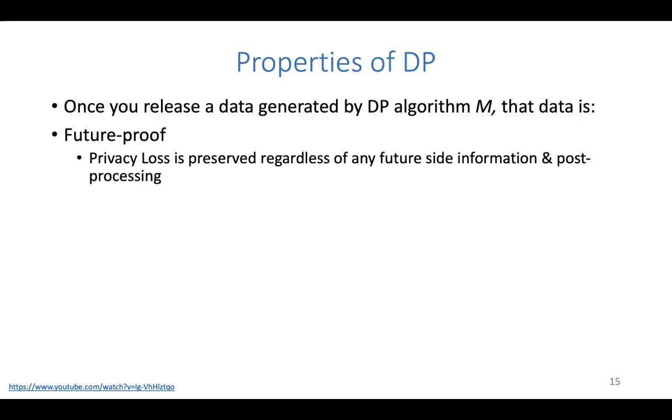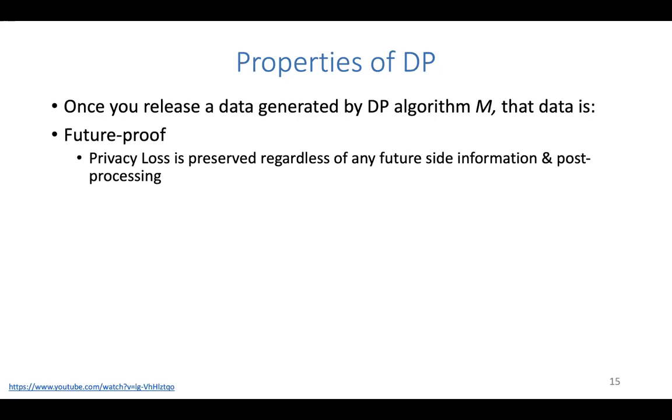For example, in the Netflix Prize example, if the Netflix Prize dataset itself was epsilon differentially private, then linking the Netflix Prize dataset with the IMDb dataset would still provide epsilon differential privacy. So it is just future proof, which also means that it is post-processing proof. If you do some post-processing with the released data set, it still provides epsilon differential privacy.